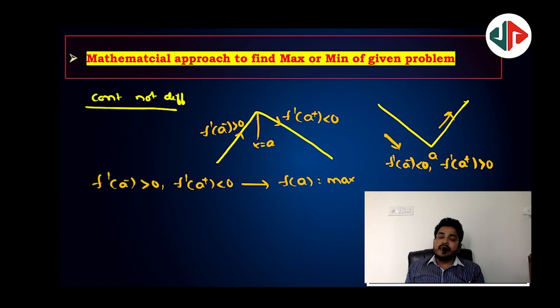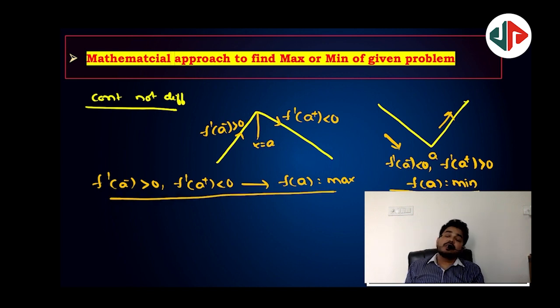So in this case, f of a is minimum. Can we use this same case for the previous case? Yes, you can use this one for the previous case also.